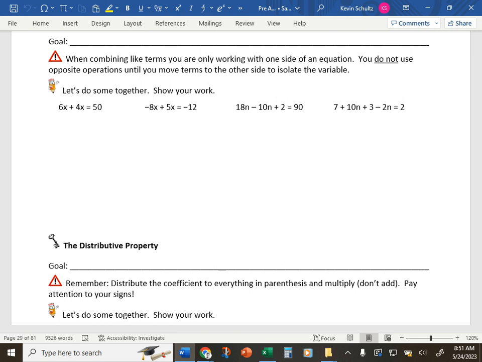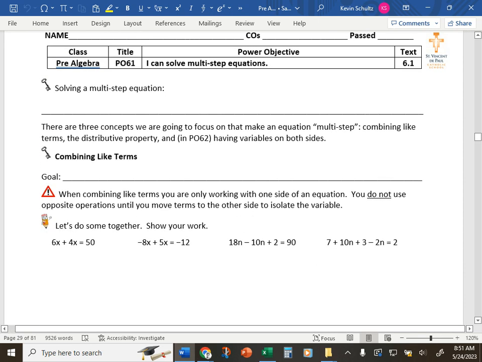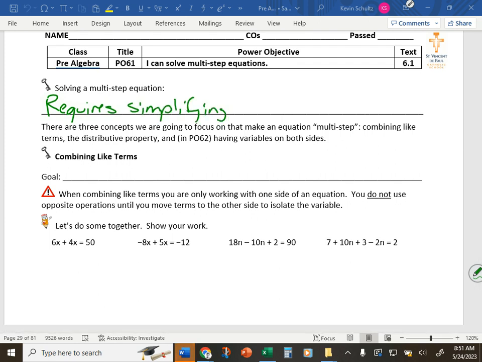So the multi-step equations, a multi-step equation involves simplifying first, okay? A multi-step equation requires simplifying before solving, okay?